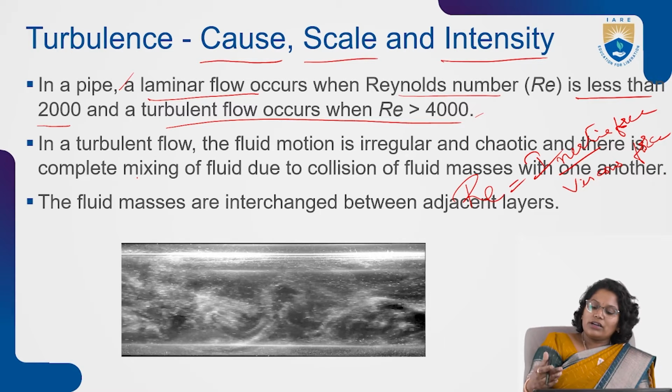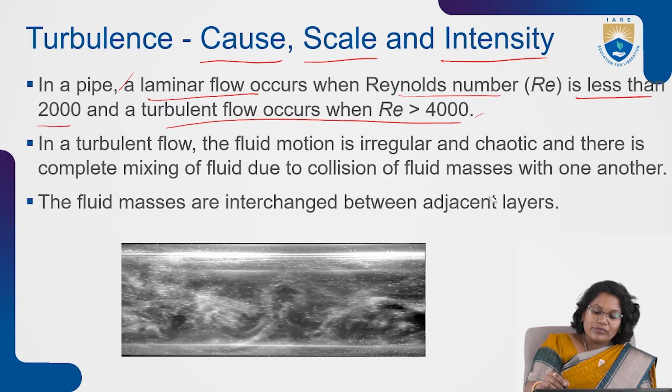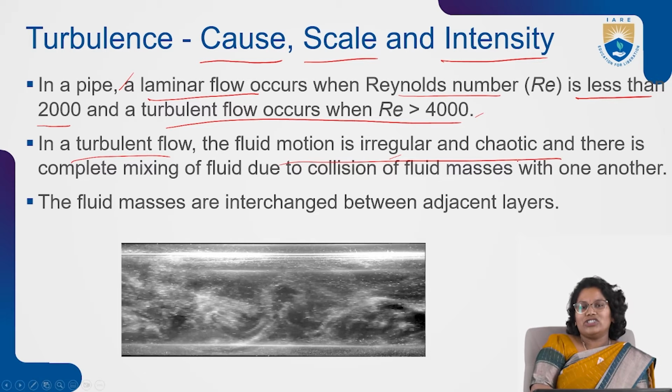Laminar flow is very smooth, orderly and regular, and it has a streamlined path. But in turbulent flow, the flow is irregular and there is a sudden change in the flow.